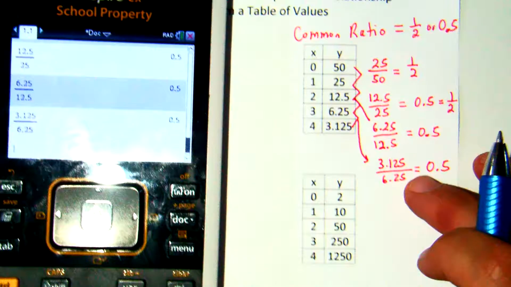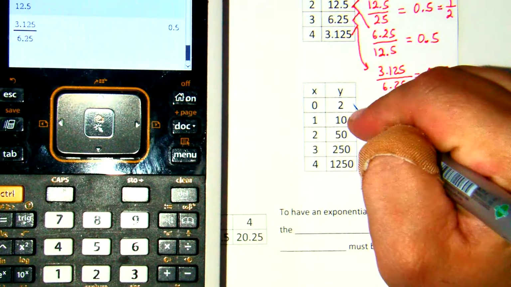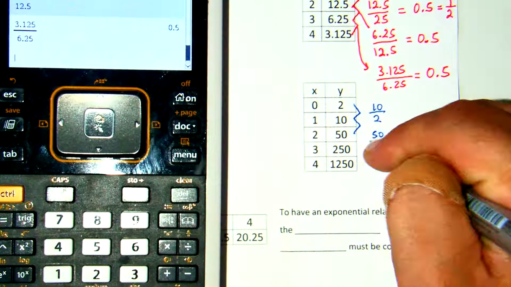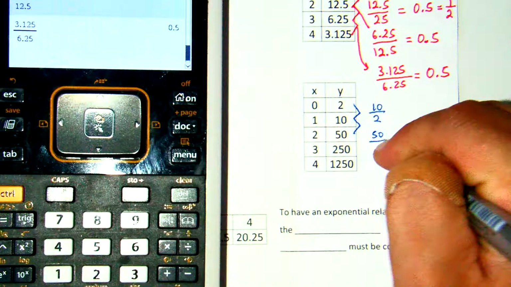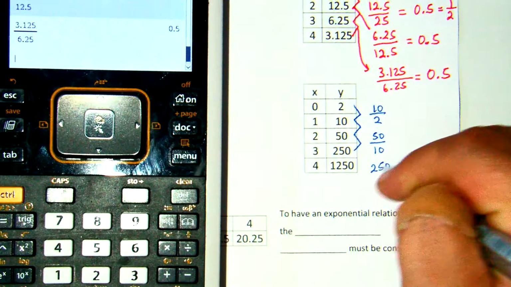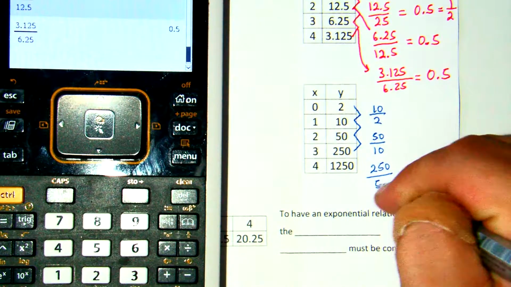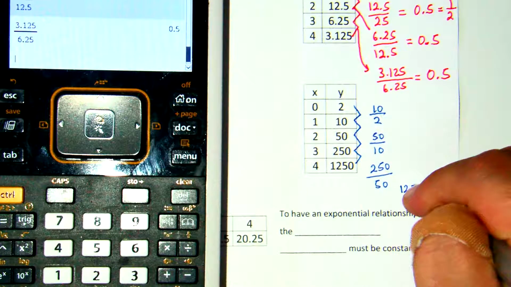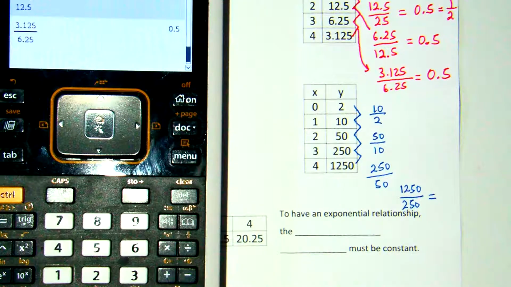The last part we'll see is how to find this common ratio. So as we do these, we have 10 divided by 2, 50 divided by 10, 250 divided by 50, and the last one, 1250 divided by 250. Let's divide.